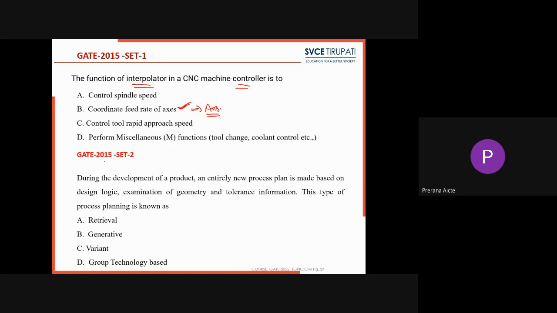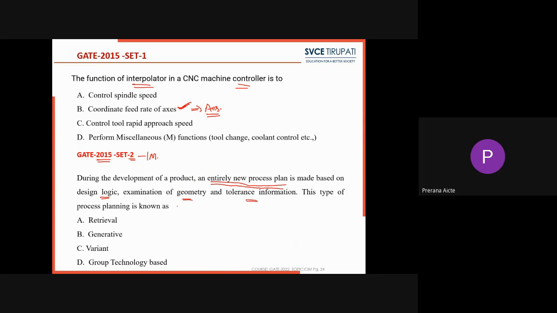Next one is another bit which they asked in GATE 2015 in set 2, and it also carries 1 mark. According to this one, during the development of a product, an entirely new process plan is made, based on design logic and examination of geometry and tolerance information.